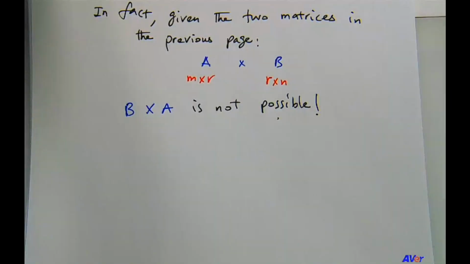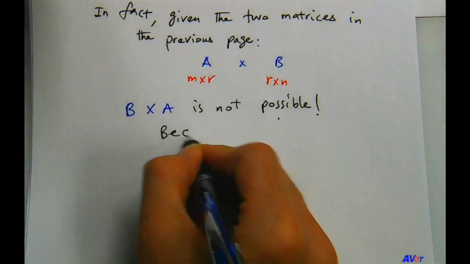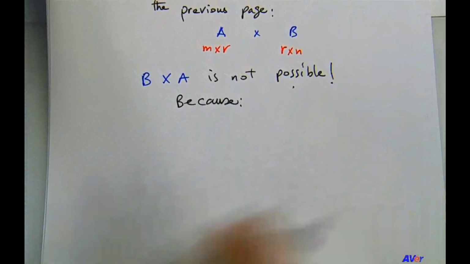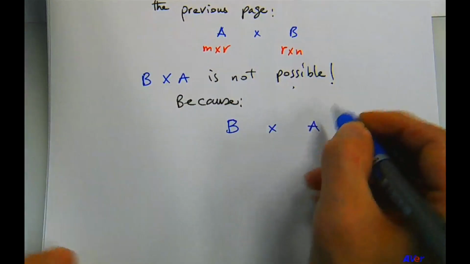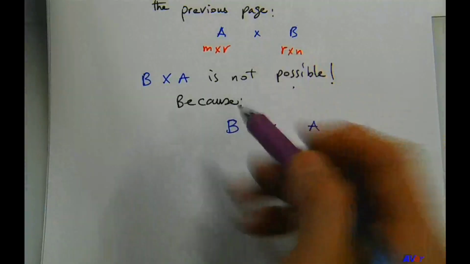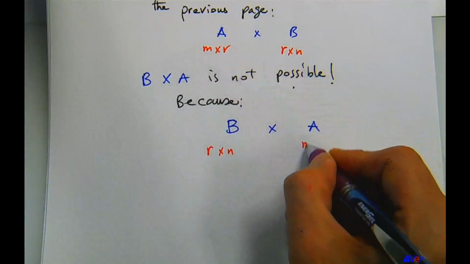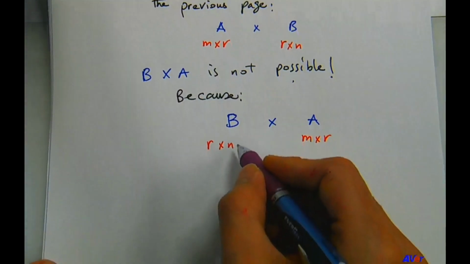Why? Here's why. If we switch things around and say B times A, we know that B has this dimension, r times n, and A has this dimension, m times r, and compare these two together.